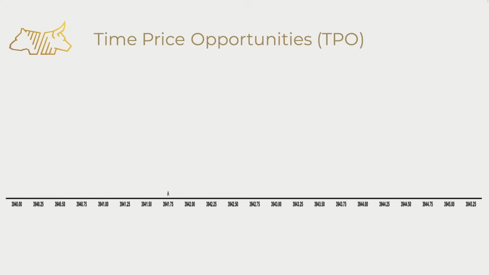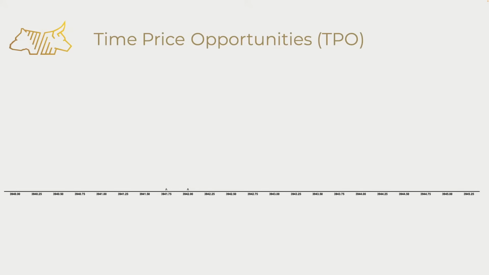So if we look at this market profile chart that's going to be developing on the slide here, you can see that the market opened at 39.41 3/4. So we're going to record a letter A there. Then, as the A period progresses, we're going to record A's at every price that the market trades. So now we ticked up to 39.42.